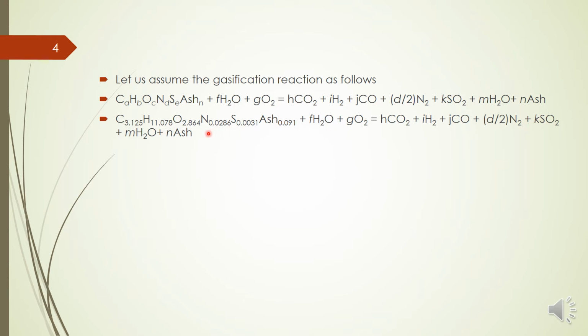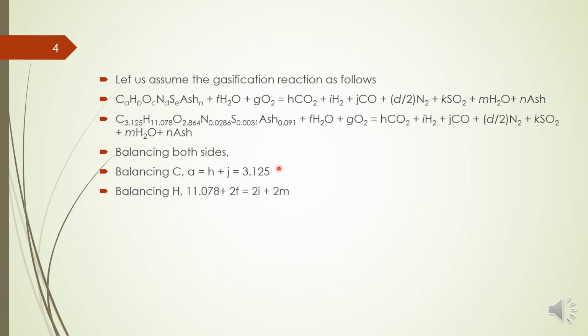Now we have to generate a number of equations by balancing different atoms on both sides of the equation. So first, balancing carbon, what we will get, that is A is equal to, right side we have H plus J. So A is equal to H plus J, but A is 3.125. So our first equation is H plus J is equal to 3.125. That is by balancing the carbon atom on left side and right side.